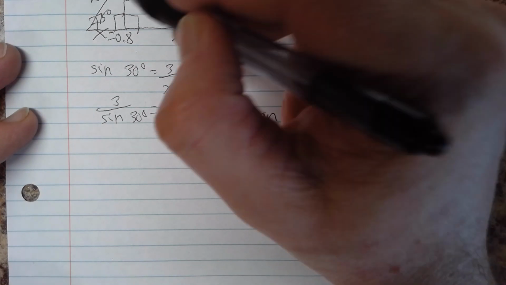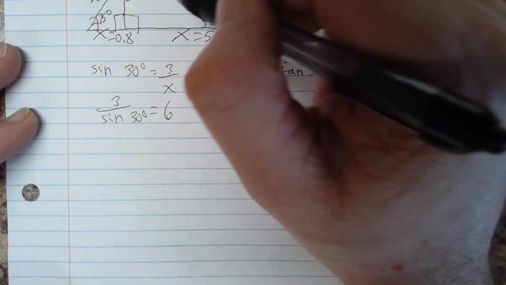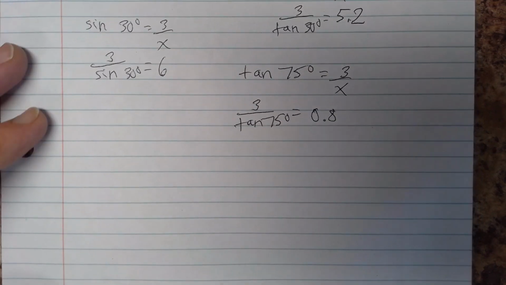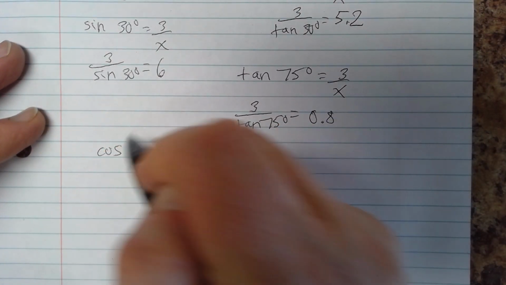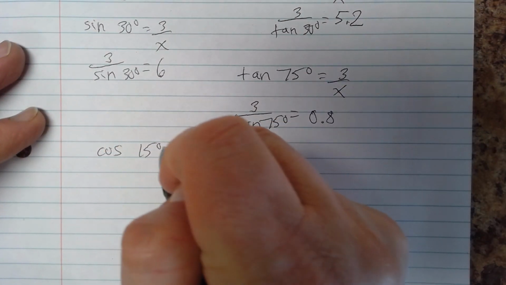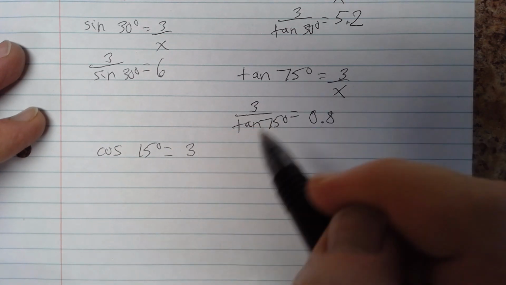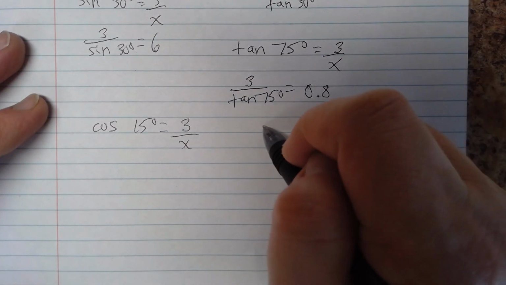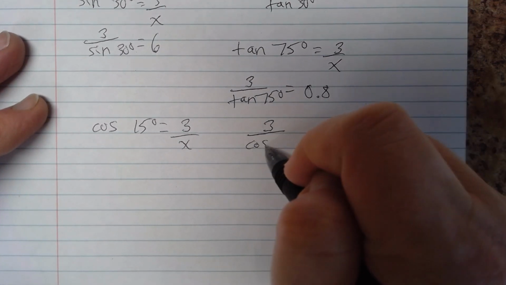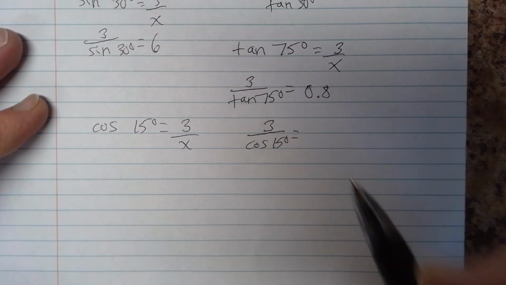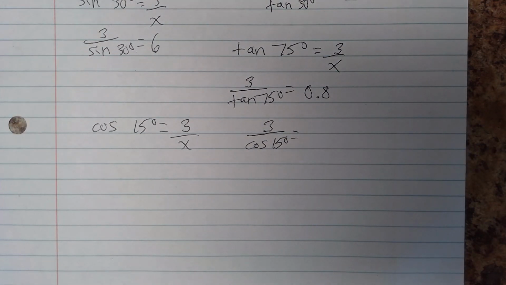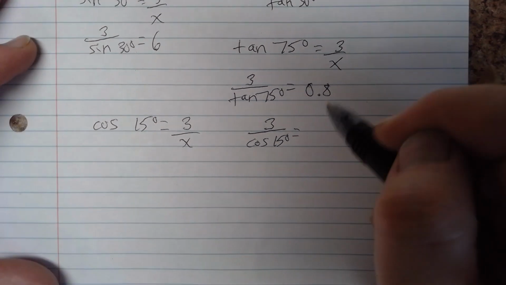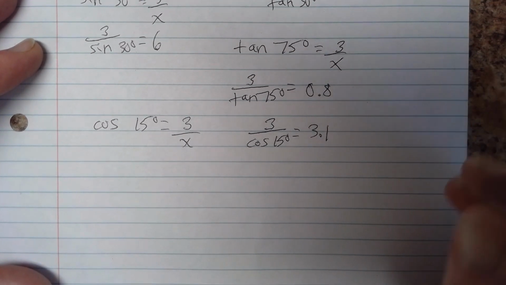Because the 3 is adjacent to the 15-degree angle, we are now using cosine. Cos 15 degrees equals 3 over x. And this simply becomes 3 divided by cos 15. And that becomes 3.1.